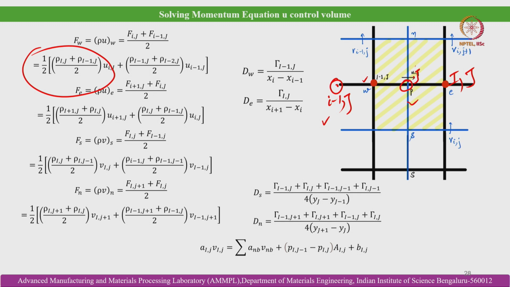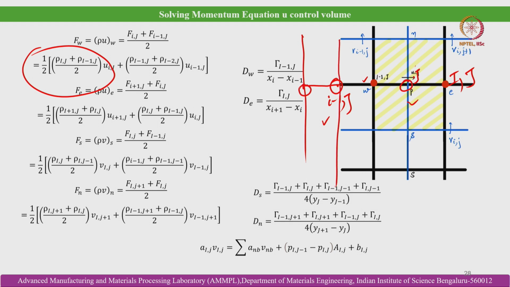Plus rho I minus 1 j, because now we are calculating for F I minus 1 j. So F small I minus 1 j is falling over here. That is somewhere here, which is not drawn here, but you have to make it understood. So yeah, it is like this.